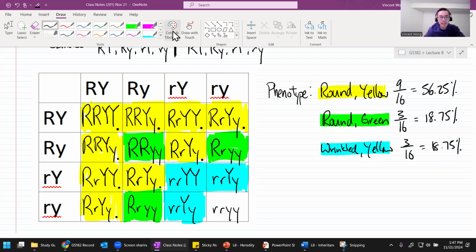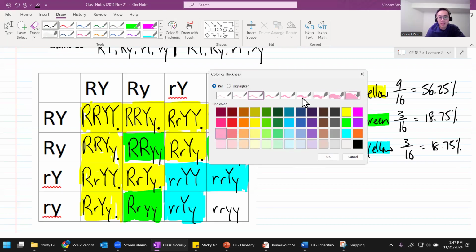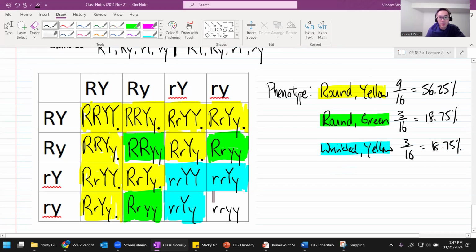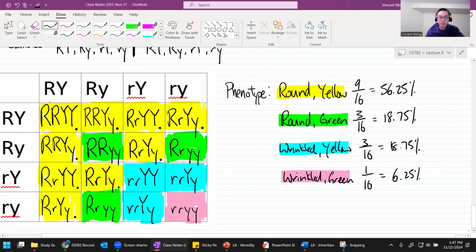And lastly, the most rare type is going to be right here. That is wrinkled and green. And that's 1 out of 16. Okay, 6.25, I think. Yep, 6.25%. Okay.